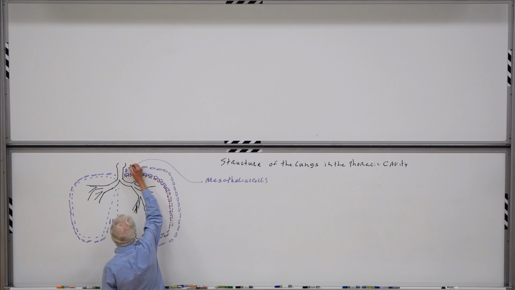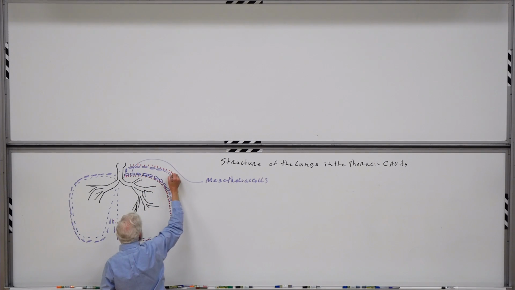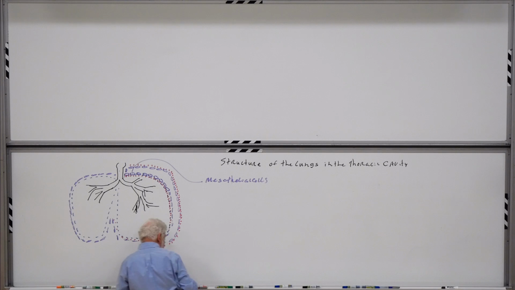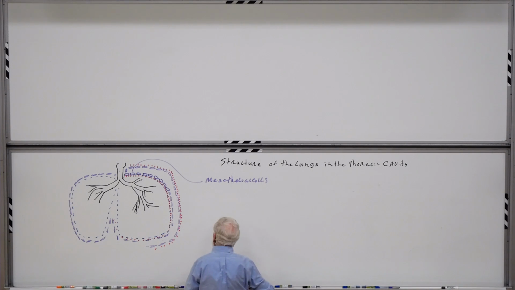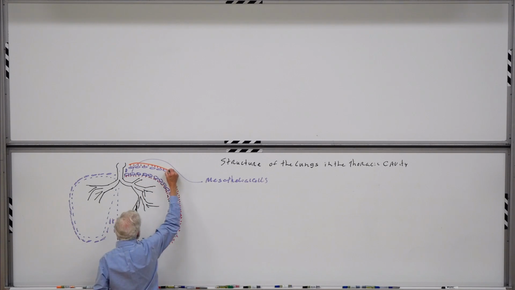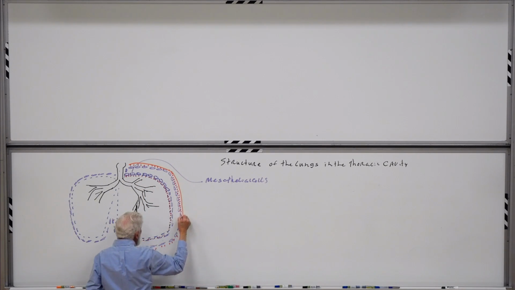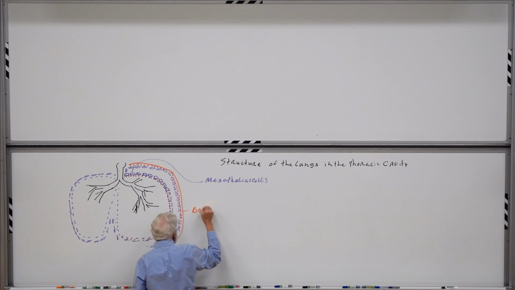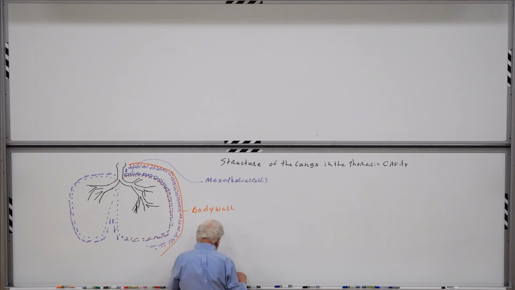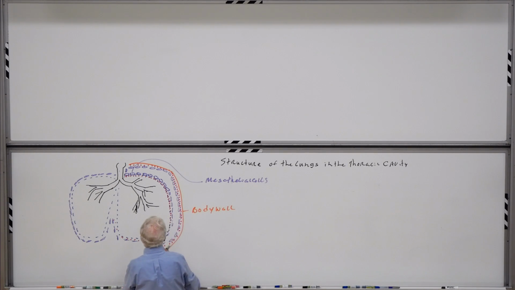So all of this red hashing in here is meant to be basal lamina that attaches the mesothelial cells to the body wall. And I'll put the body wall in here in orange. So this is meant to be the body wall. And what we see here for the left lung is also true for the right.